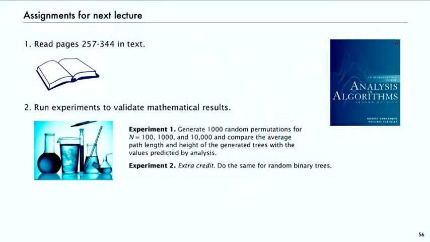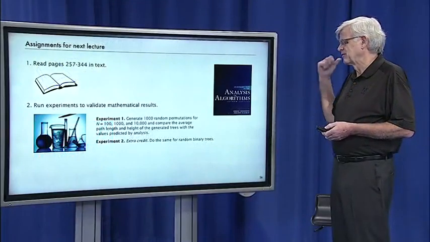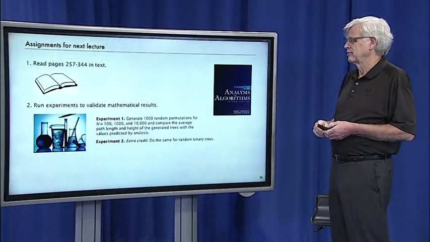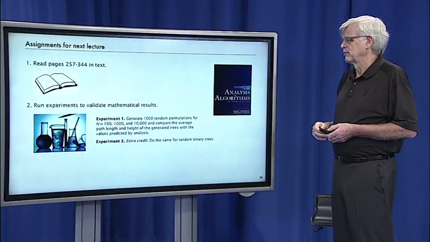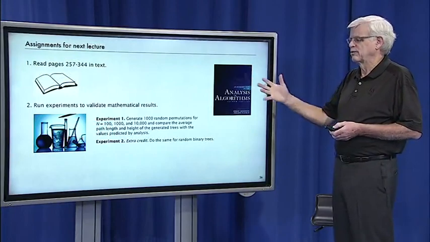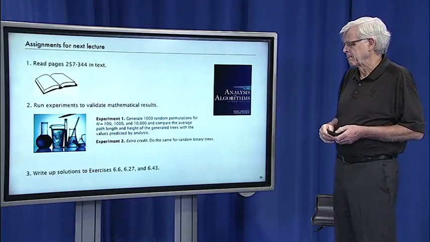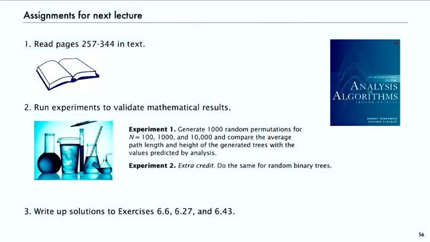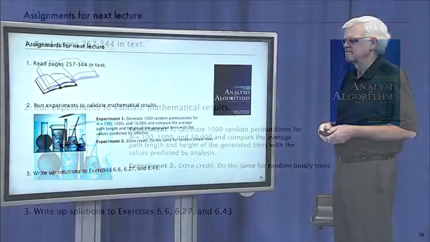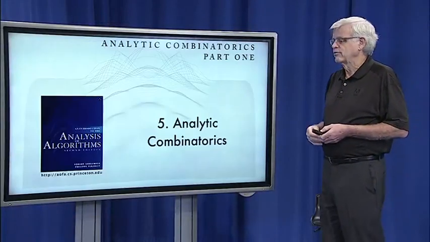And maybe a little harder is to try to do the same thing for random binary trees. Are those internal path lengths n times the square root of pi n? How close are they? How big does n have to get to be asymptotic, and so forth? It's always worthwhile to run experiments, and some people might enjoy doing that. And then again, just to check your understanding of the material, it's a good idea to try to write up solutions to some exercises like the ones that I gave. That's an introduction to trees.